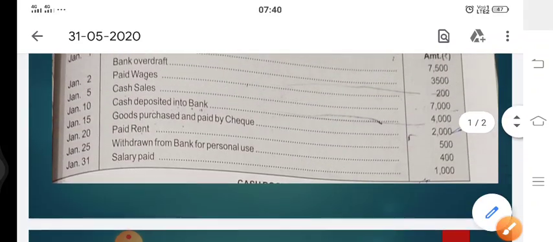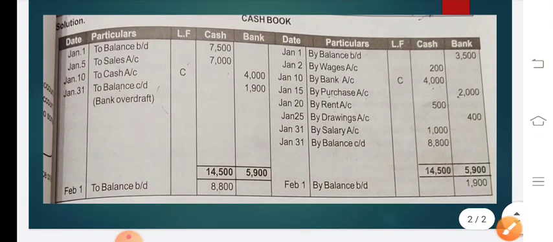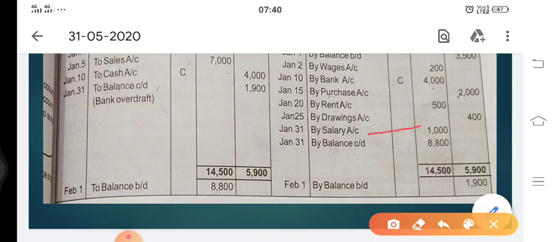The next point we have is salary paid. Now since we paid salary, again money is going out, that means cash is going out. So we'll go to the credit side and we'll write here by salary account. And amount column will be written 1000.